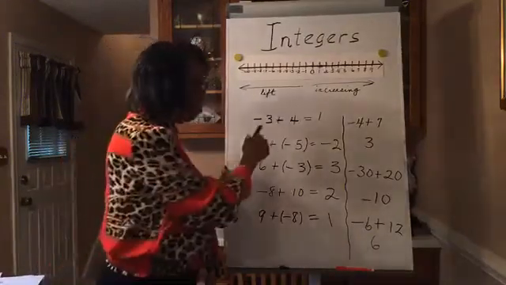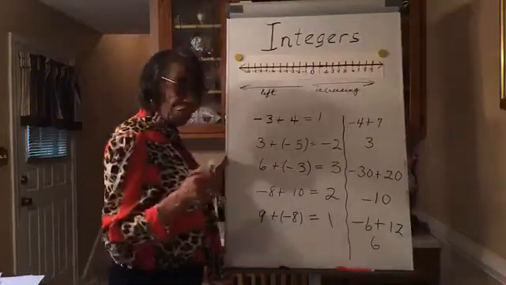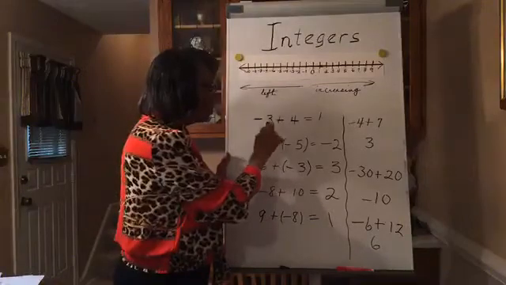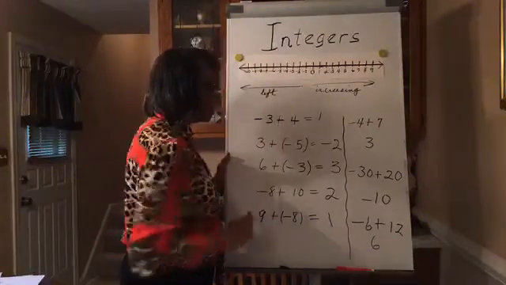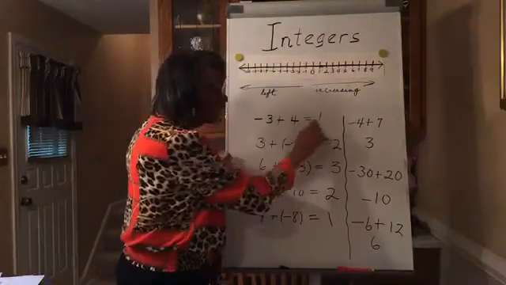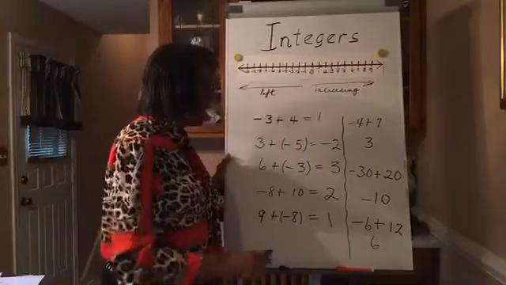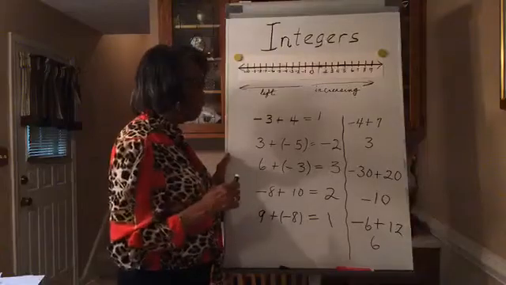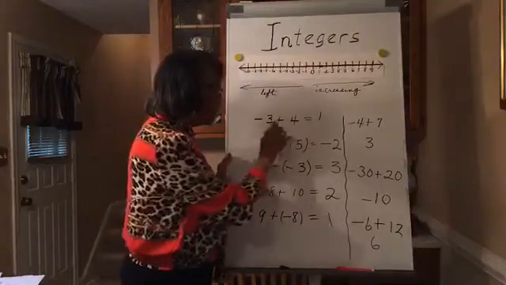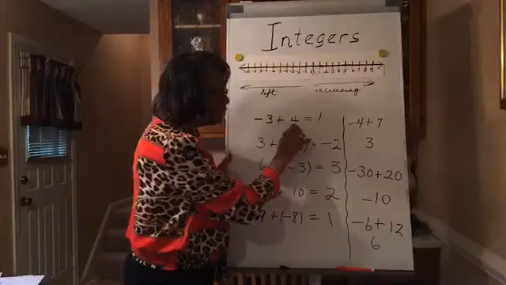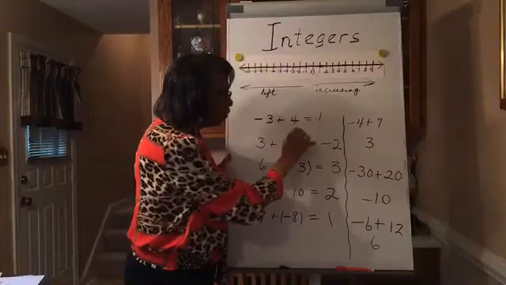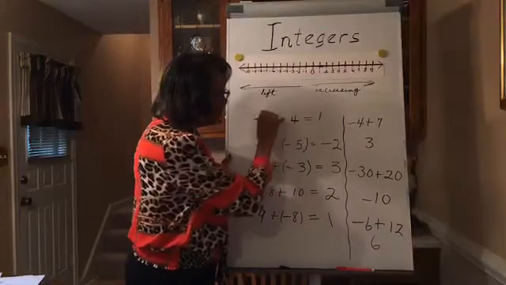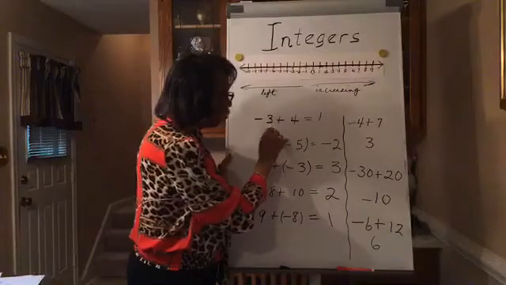All right, let's talk about each one of these because I want to make sure you really understand this. We're adding negative 3 and positive 4, and the answer is positive 1. Well, why is it positive? Because the absolute value of positive 4 is 4, and the absolute value of negative 3 is 3.